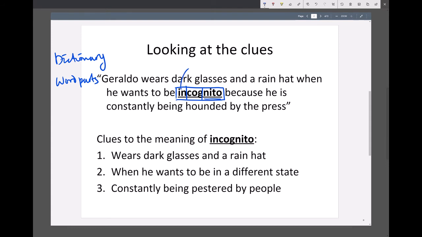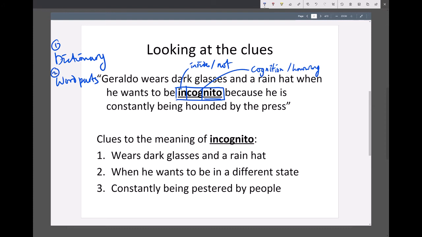If you know, maybe it's inside, or maybe it means not. And then cog, you may know a word like cognition, which has to do with the mind. So these help you guess. You may know some parts of the word, but not all.